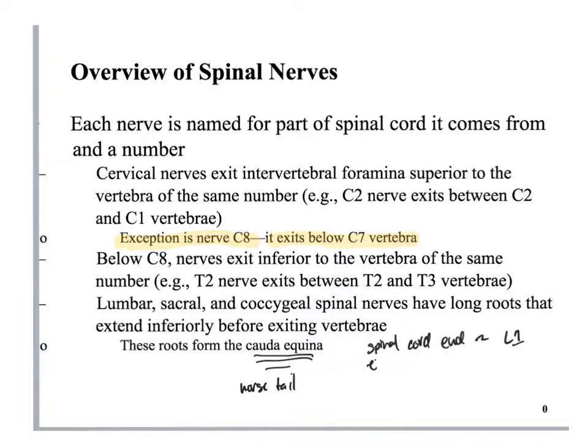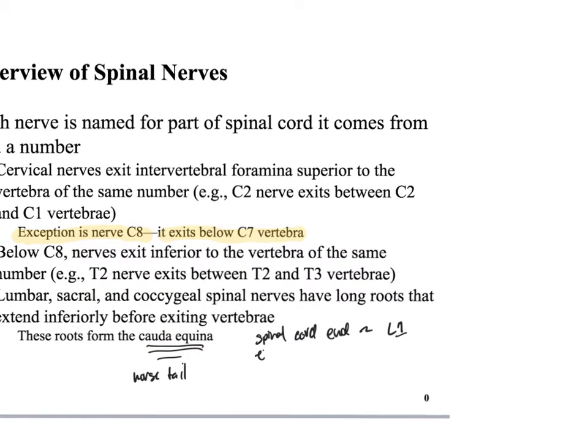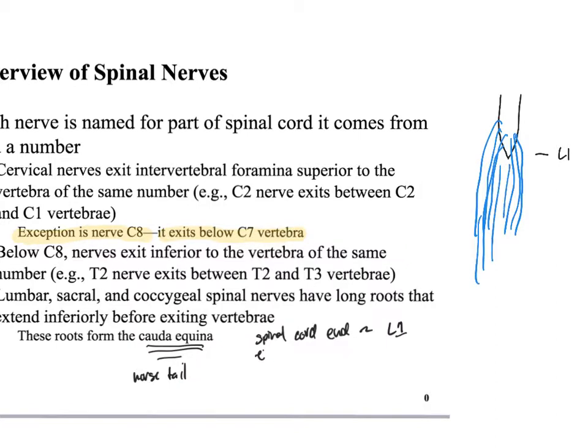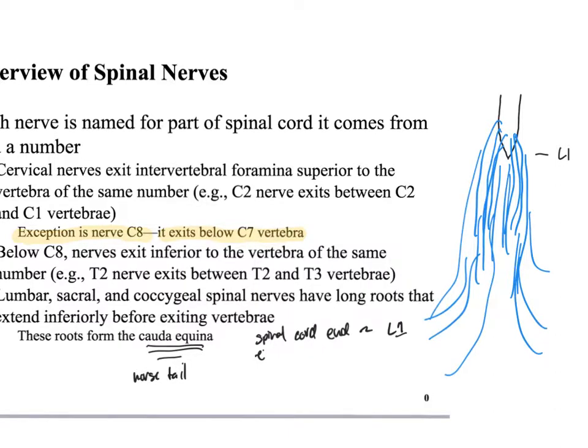The spinal cord comes down and ends in a little cone at about L1, and then off of that you have a collection of spinal nerves that extend down, lots of them, and they emanate off at the other vertebrae, L2, L3, L4, L5, the sacral ones. They all kind of go like this, and it looks like a horse's tail.